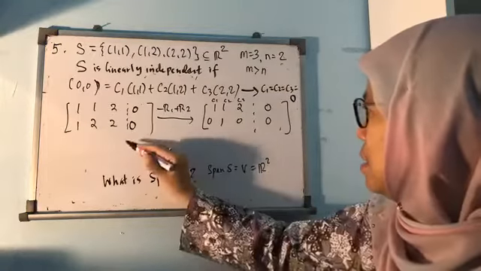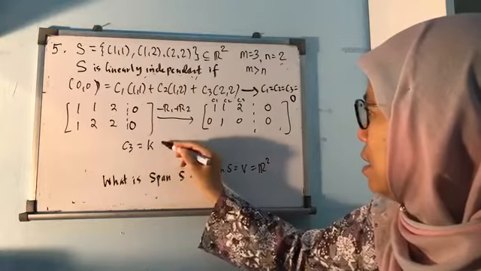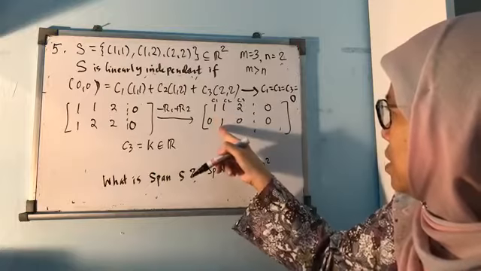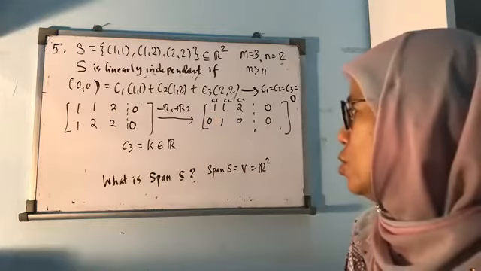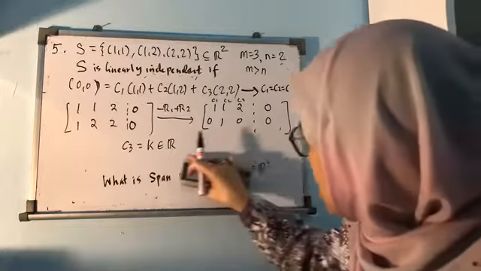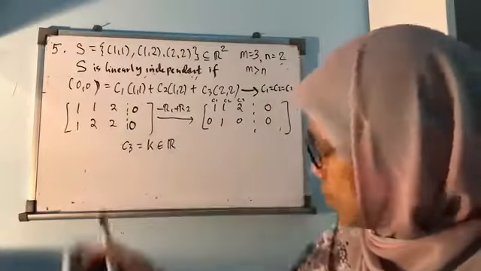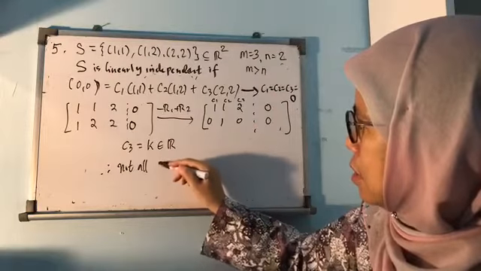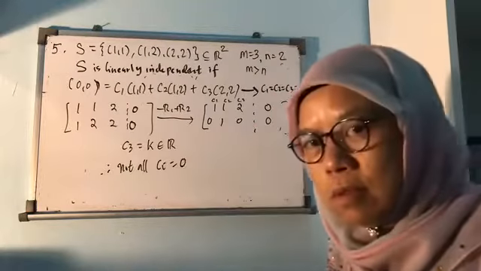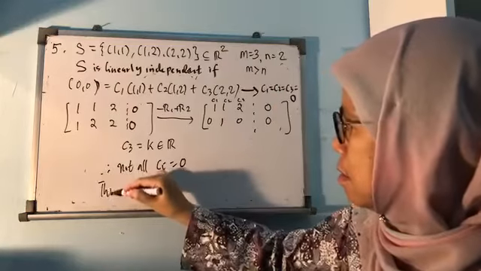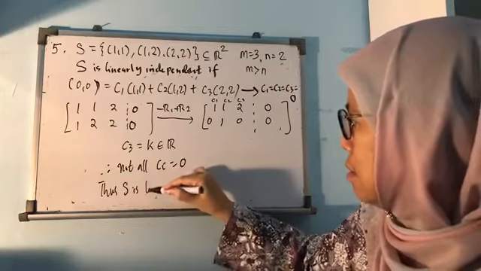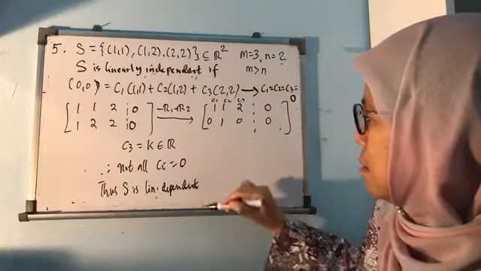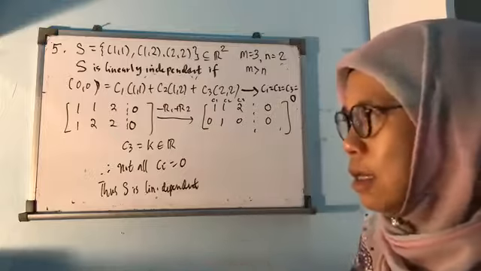This gives C3 is K. Free variable, right? C1 is not free, C2 is not, C3 is free. So, when C3 is K, meaning not all Ci is 0. Thus S is linearly dependent, or S is not linearly independent.